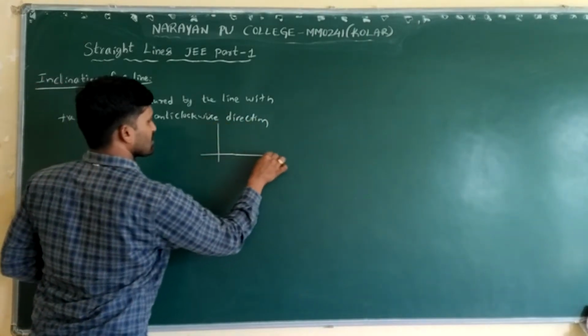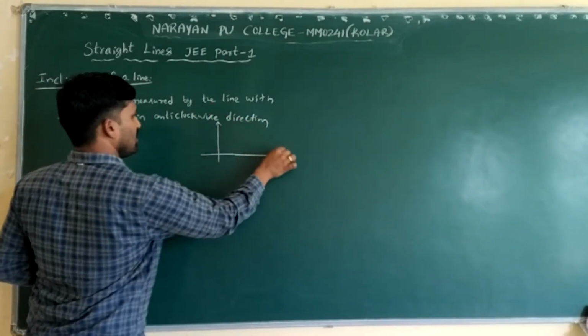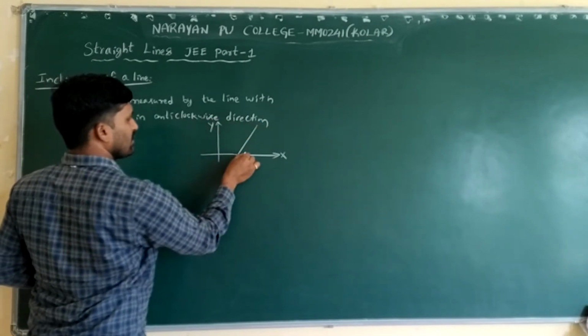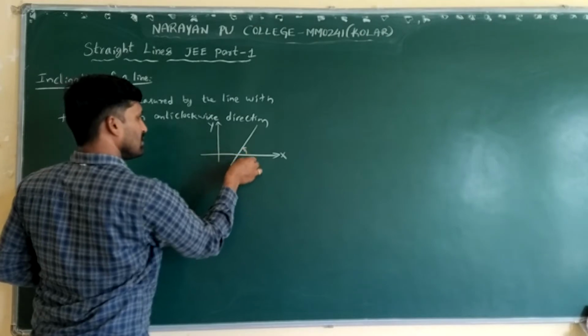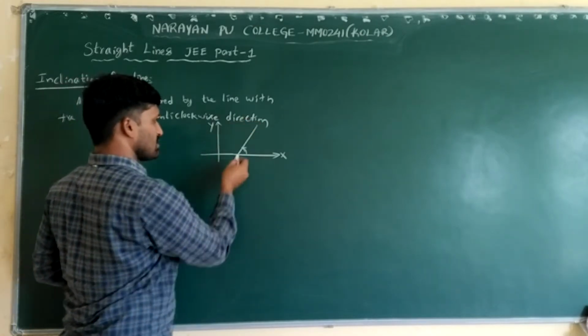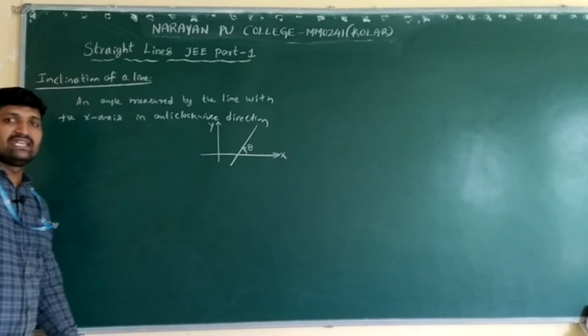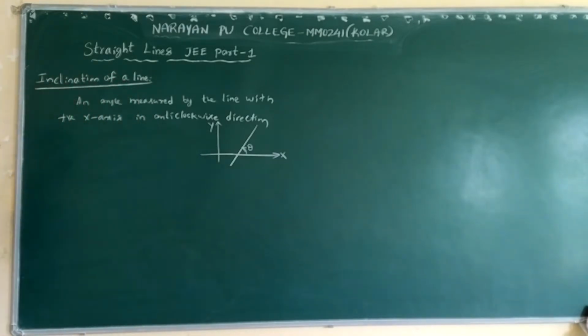You can represent it like this on the x and y axis 2D plane. The line makes an angle with the positive x-axis in the anti-clockwise direction. This is called theta. The theta we call the inclination of a line.